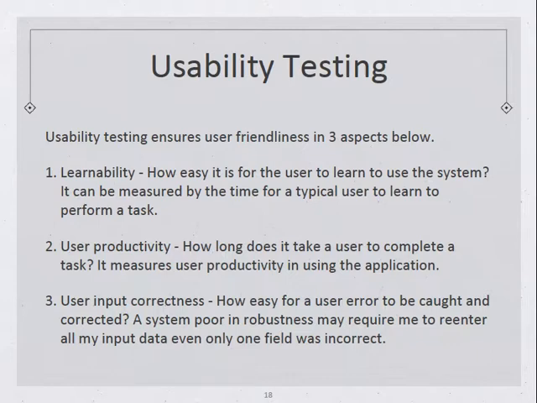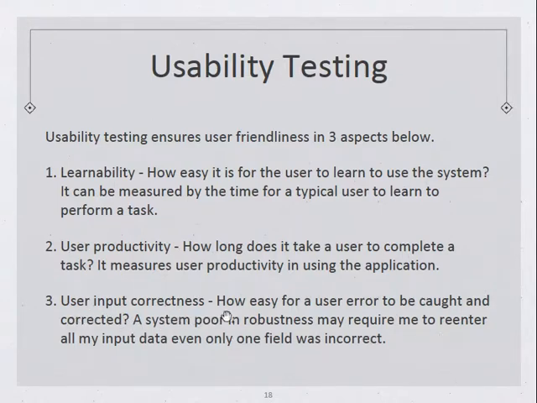But if you try to use too few screens, not enough screens, then one screen will be very busy, very crowded, too many data entry fields on one screen, and it may also not be good. So productivity is also important.